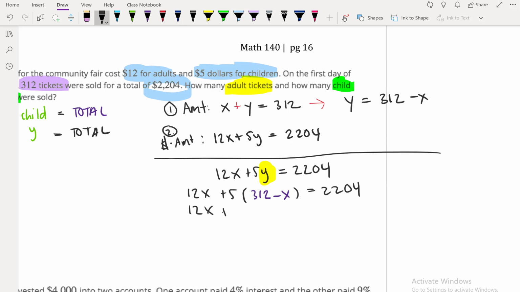So then 12X plus, and this is where I'm going to distribute. So 5 times 312 is 1560 minus my 5X is equal to 2204. Now I'm going to add 12X and negative 5X. So then 12 minus 5 is going to give me a 7X.